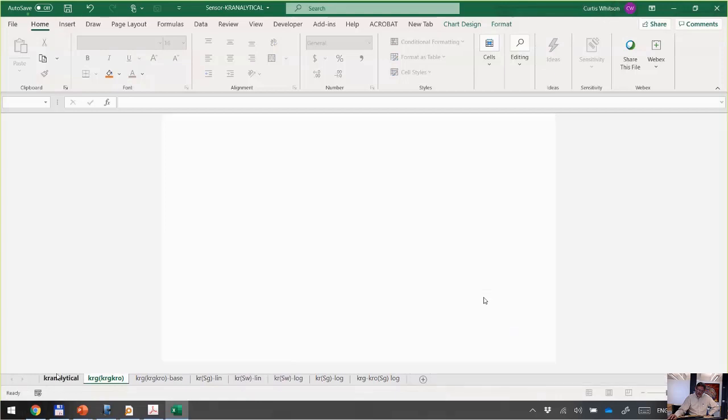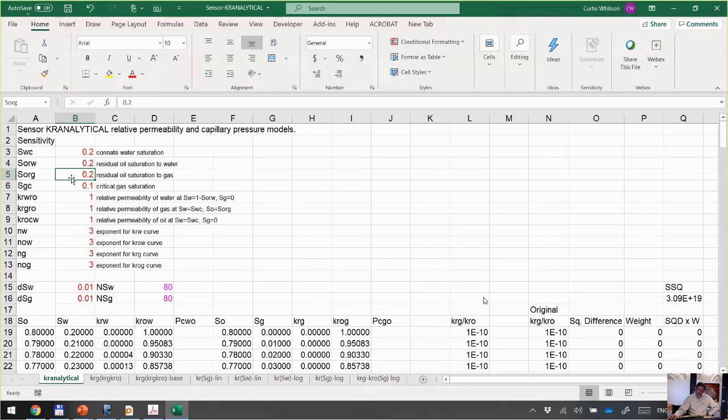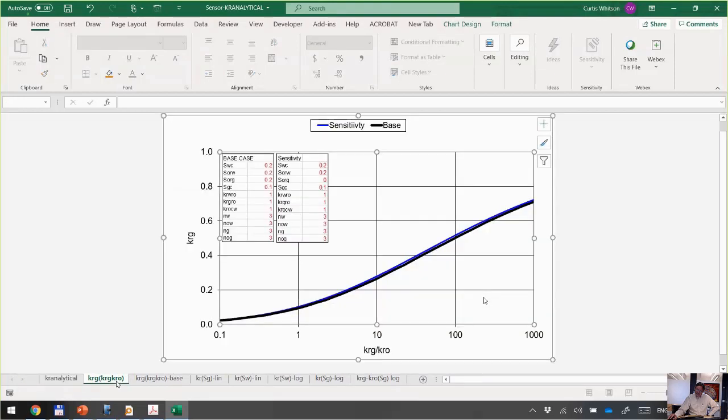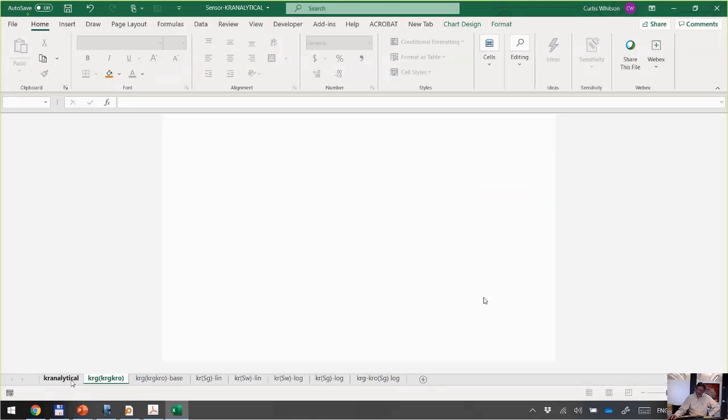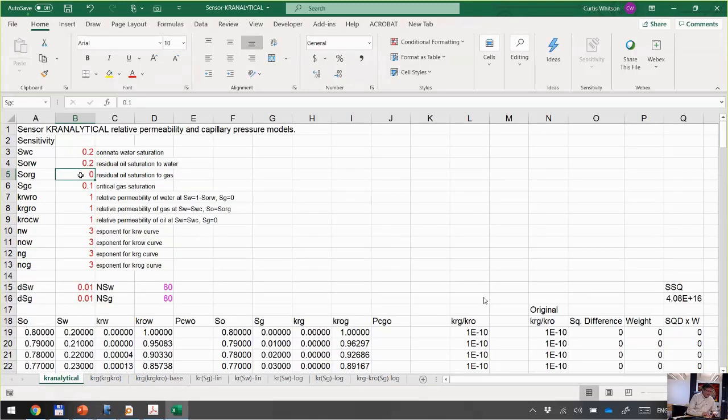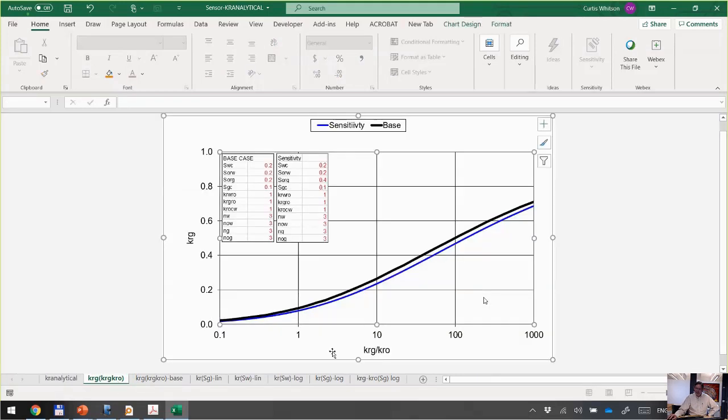But if I change this residual oil to gas to 0 and look at the same curve, you see that there's hardly any line thickness change in this relationship. If we go to 0.4, which would be a big change, a big SOR, we see a little more effect.